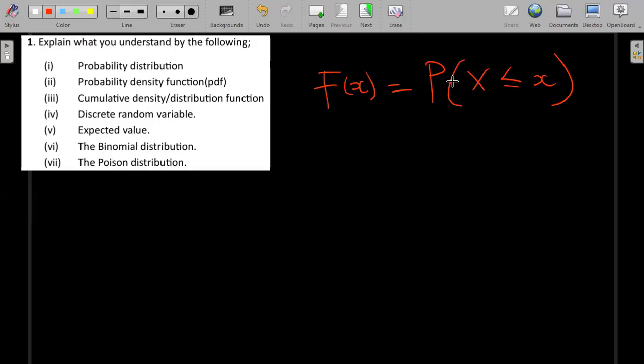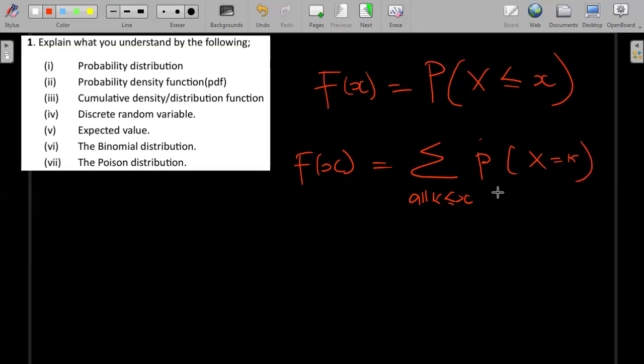All right. So for discrete random variables, it's given as F of x is equal to the summation for all k values that are less than or equal to x, of the probability of x equals k.